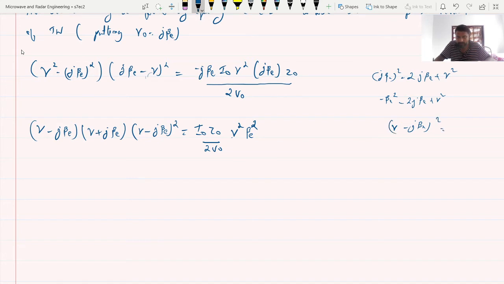If I expand, this will be gamma square minus 2 j beta I gamma, j square is nothing but minus 1, so this term will be plus beta I square. We are getting the correct things, 2 j beta I, j square is nothing but minus 1.